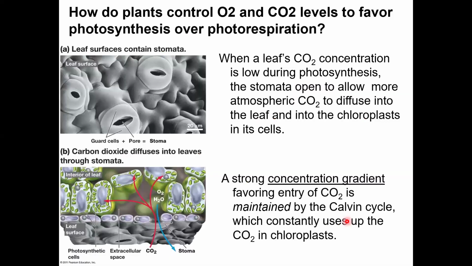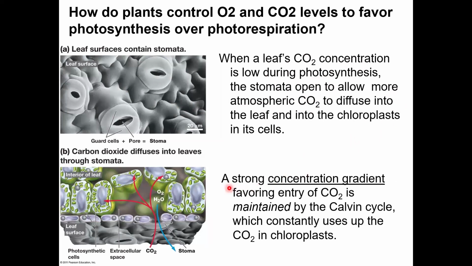So how do plants actually control the oxygen levels and carbon dioxide levels to favor photosynthesis over photorespiration? When the concentration of CO2 is low, the stomata end up opening more to allow the diffusion of carbon dioxide into the chloroplast.